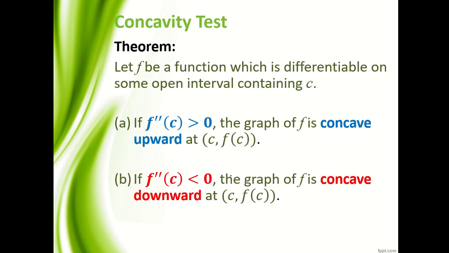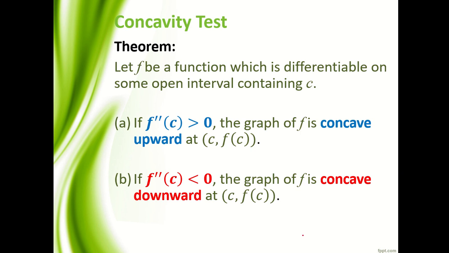And b, this is the opposite. Concave downward if the second derivative, when you substitute the value of c, gives us a negative result. So it means that the graph of f is concave downward at the point of tangency.